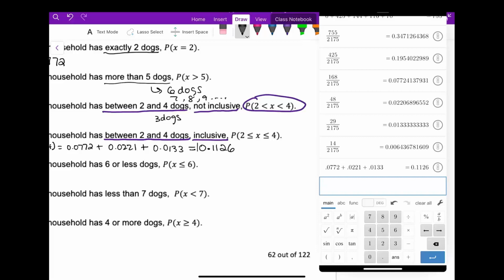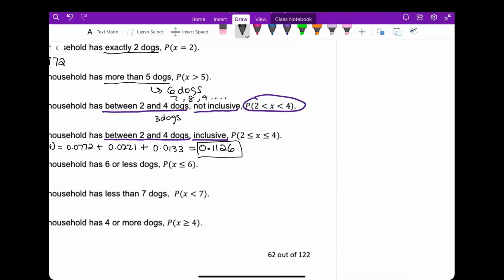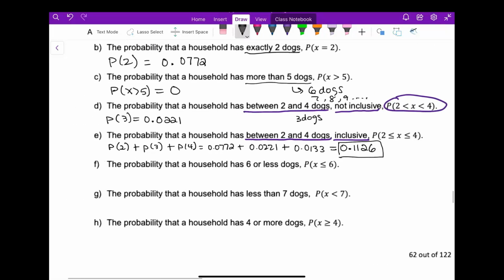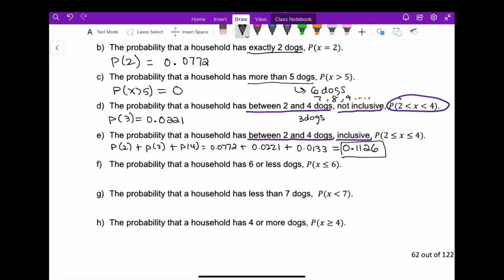Beautiful. All right, you're going to try F, G, and H. Pay attention to the keywords such as 6 or less, and then write out how many dogs it would be so that you can go and find the probabilities. Don't try to do it in your head, write it out, and it's always the best way.